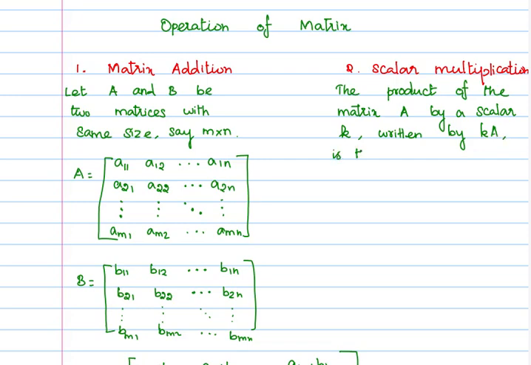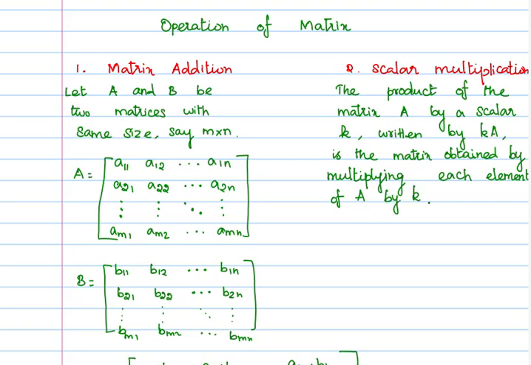This is the matrix obtained by multiplying each element of A by k. That is, suppose I take A as the matrix, this one.